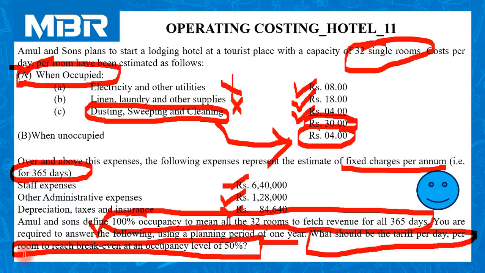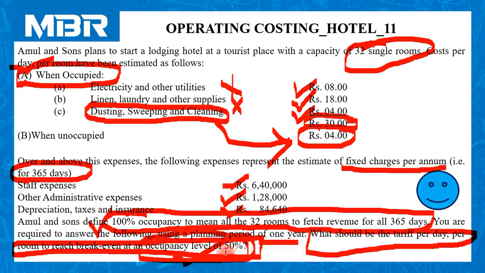We are expecting that we will run our business for all 365 days at the rate of 100% occupancy. But the calculation of the rent or tariff, or you can say room rent per day per room, will be based on break even, and the break even is at an occupancy level of 50%.